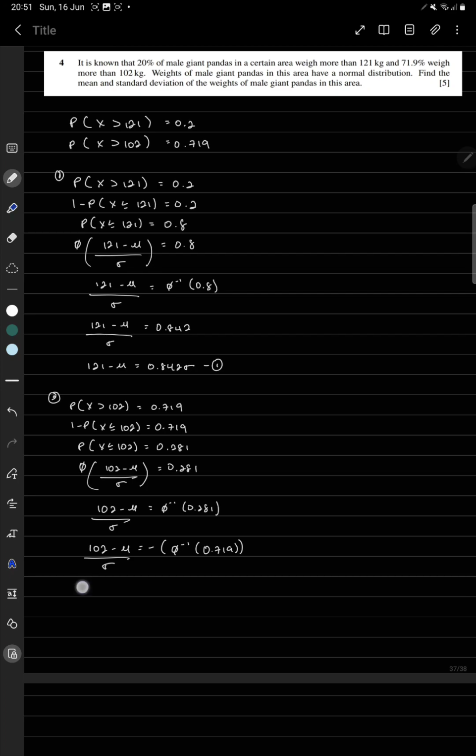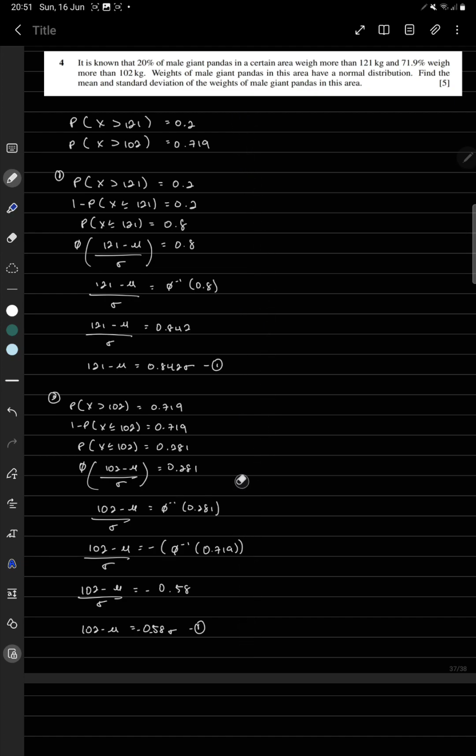Now when I looked at the probability, our z value is exactly 0.58. Okay, then let's cross multiply this. Here is negative 0.58 standard deviation. Okay, now let's move on to the next part.